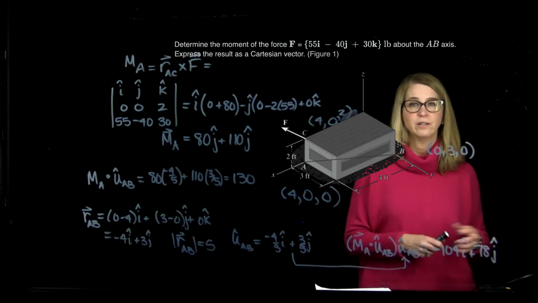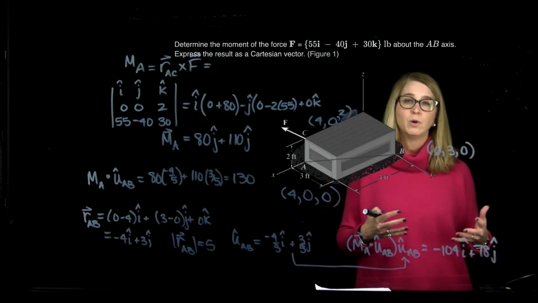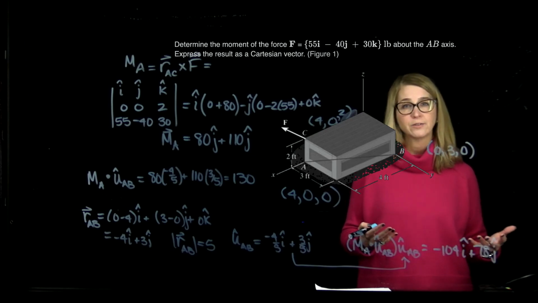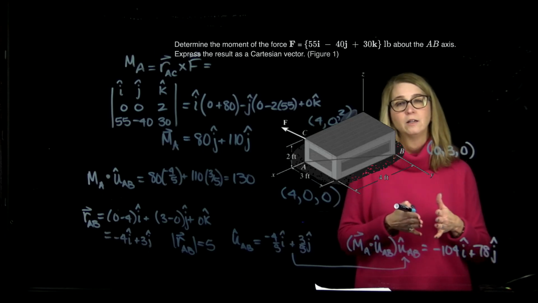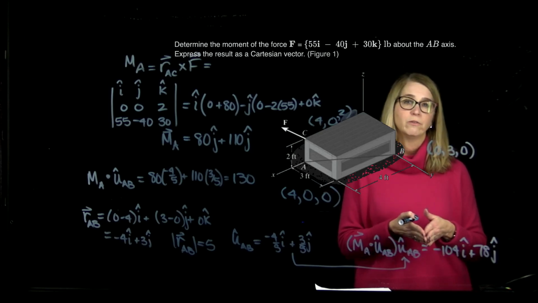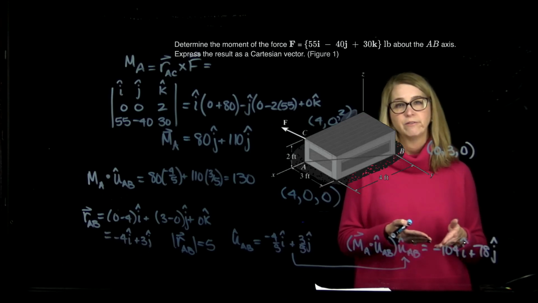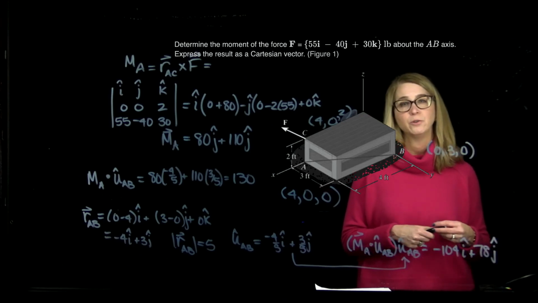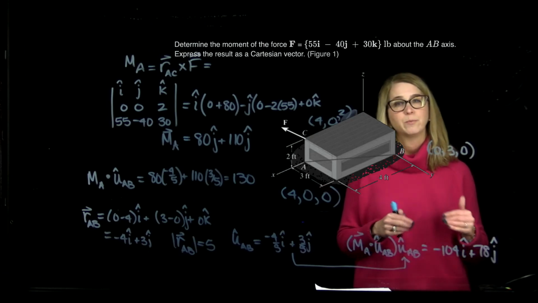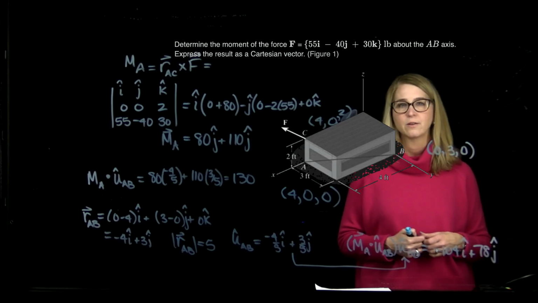In this particular case, it was really easy to use point A. Once you find that moment about a point on the axis, dot that with the unit vector along the axis that you're interested in. That'll tell you the magnitude of that moment along that direction. If you want to write it as a vector, then multiply that magnitude times the unit vector that is parallel to the axis. So it's really just a 3-step process. Hopefully that helps.